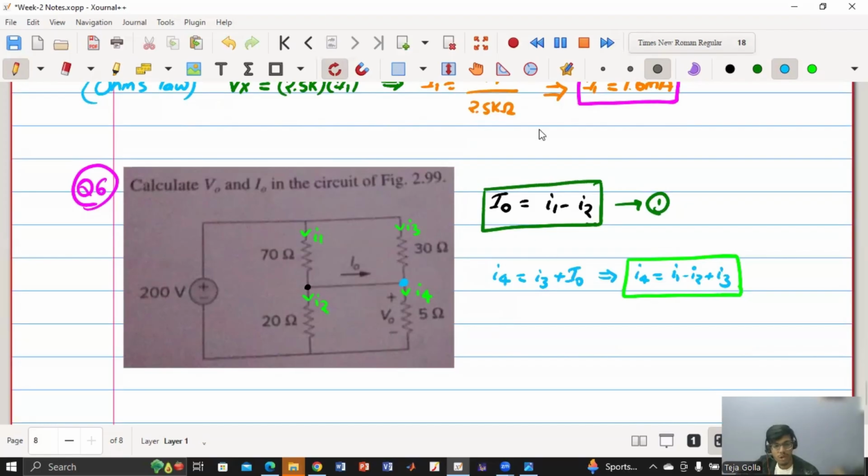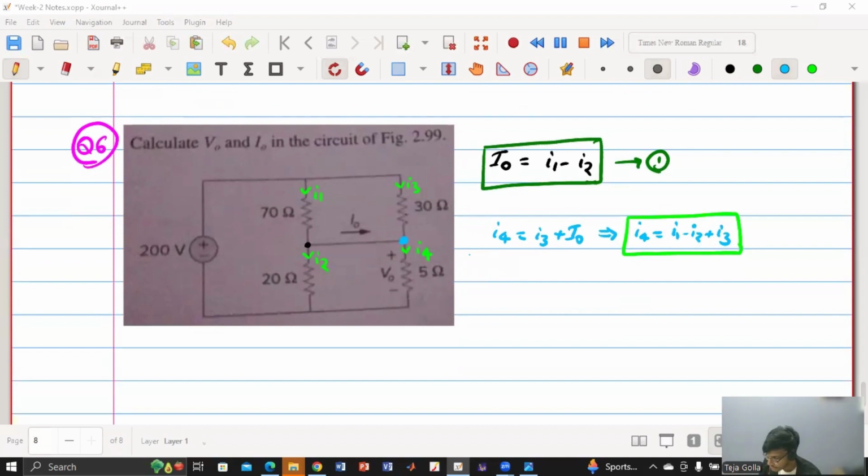Now I'll apply KVL. I'll consider this as my ground, then this is 200 volt. So 200 volt is equal to 70 into I1 plus 20 into I2.